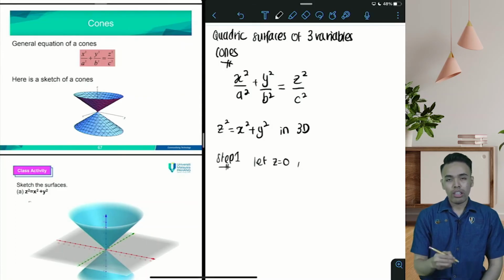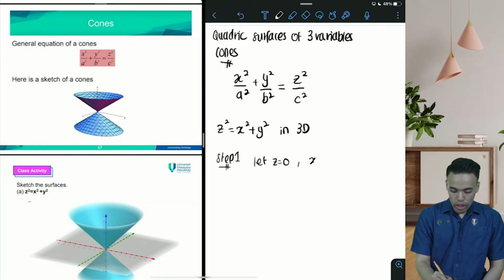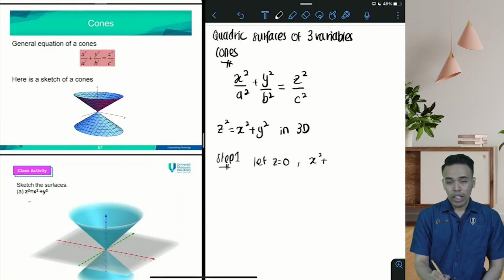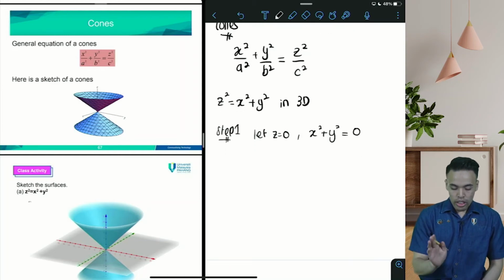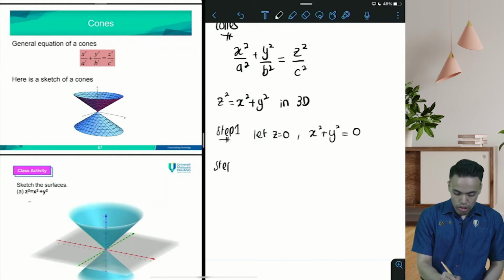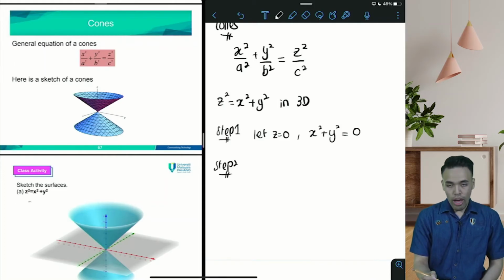When you let z is equal to 0, you will end up getting a point, represented by the equation x squared plus y squared is equal to 0. It will obviously give you a point. There should be no problem with that. Let's continue with step number 2, which is you have to observe your surface from 3D onto the xz plane.